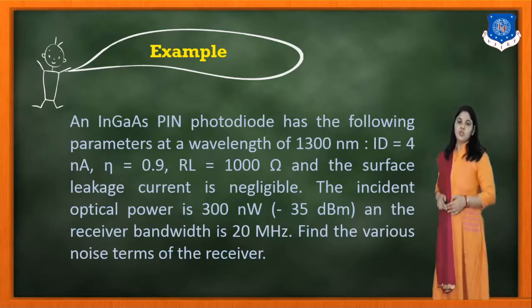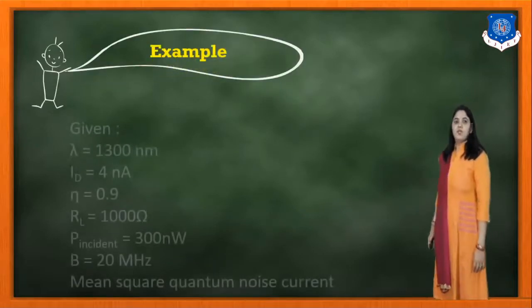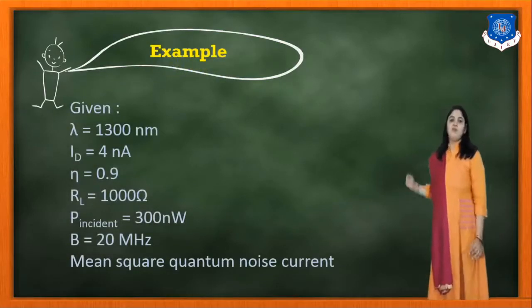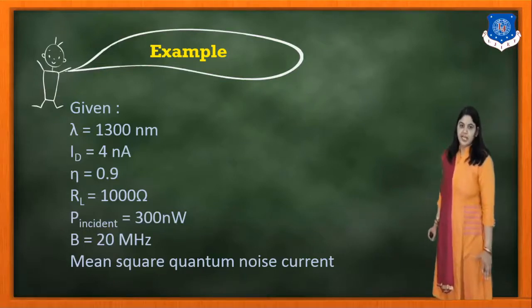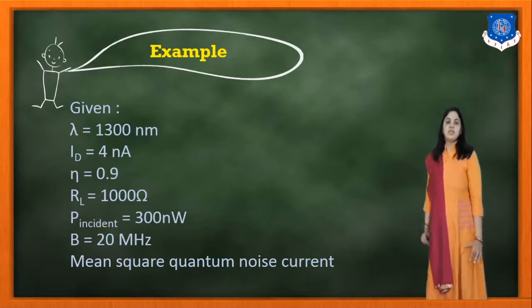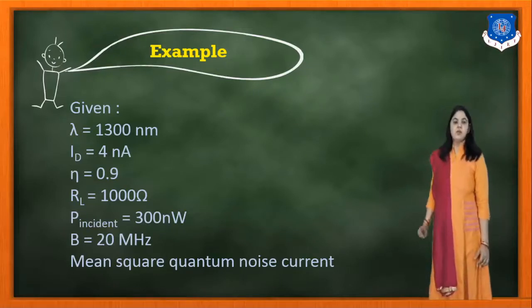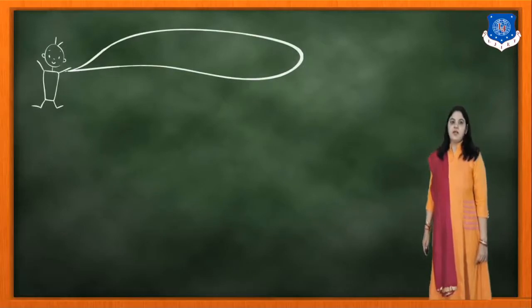Find the various noise terms of the receiver. So now the solution. What are the given data? The given data are lambda is equal to 1300 nanometer, ID is equal to 4 nanoampere, eta is equal to 0.9, RL is equal to 1000 ohm, P incident is 300 nanowatt, B is equal to 20 megahertz, and mean square quantum noise current.